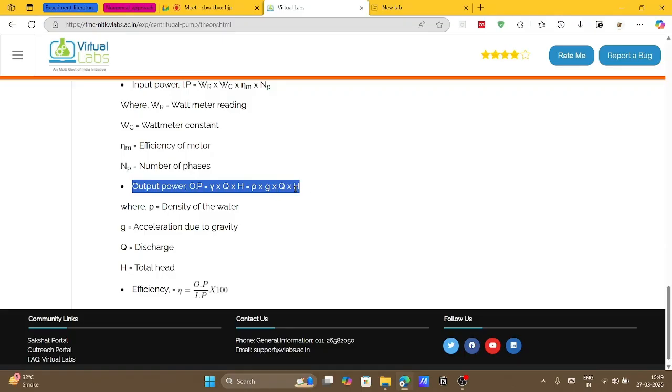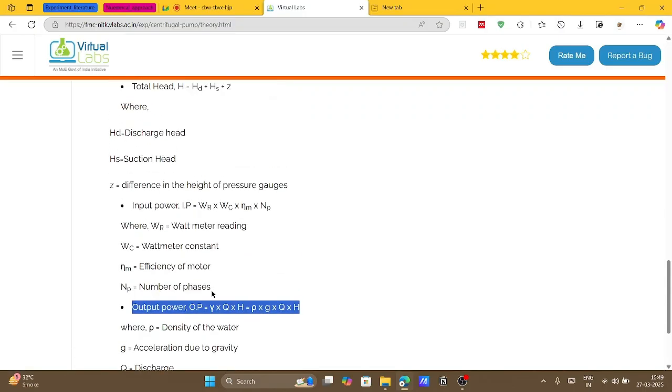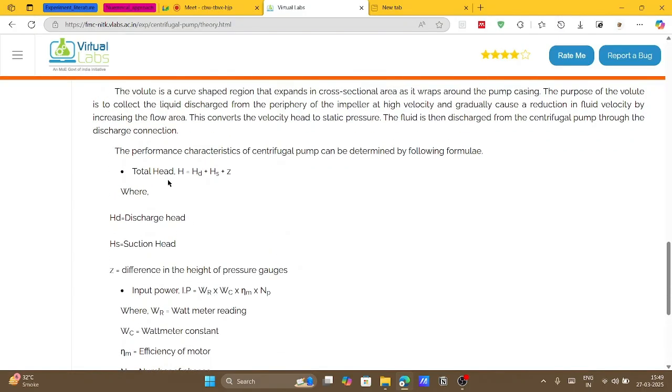So it's H rho g into Q. Then the efficiency is the ratio of this, which is hydraulic power divided by the actual power, into 100, right? And the total discharge head can be computed here as the difference of discharge head minus suction head plus elevation gain. So here friction losses are not accounted for.